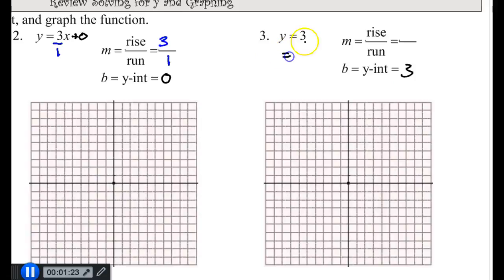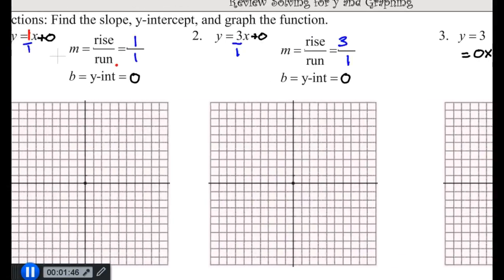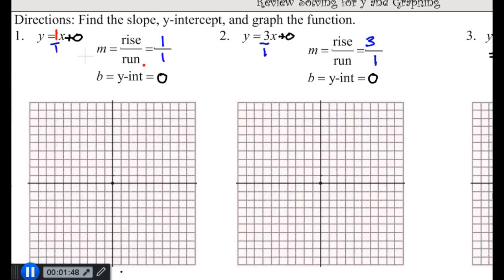So if you don't have an x at all, we use 0. So the first 3 problems are all about what to do when you have missing values. And of course, if you have a 0 slope, that's a horizontal line. Whenever it starts with y equals just a number, that's a horizontal line. I'll let you go through and do the graphing on your own, but I just want to clarify that part.